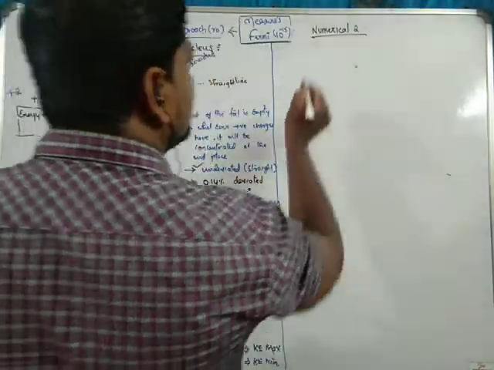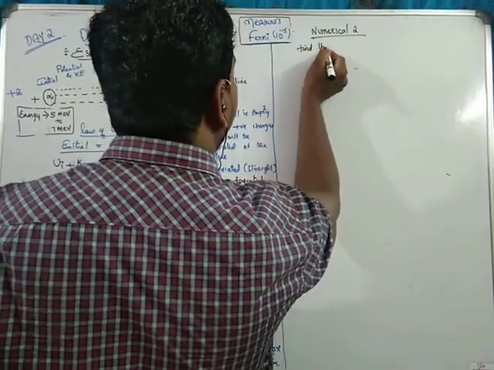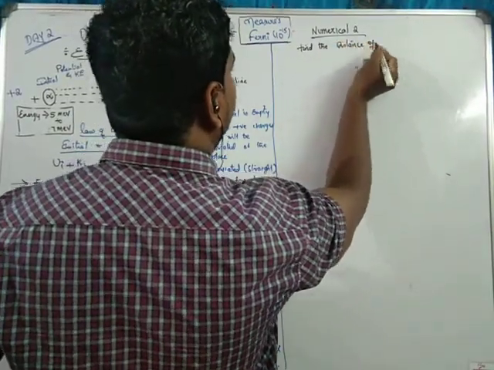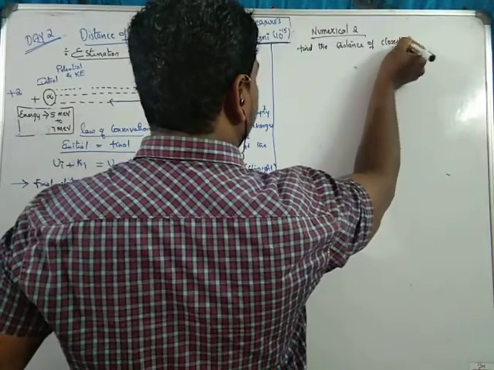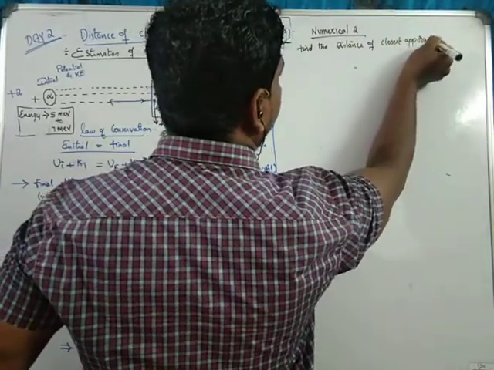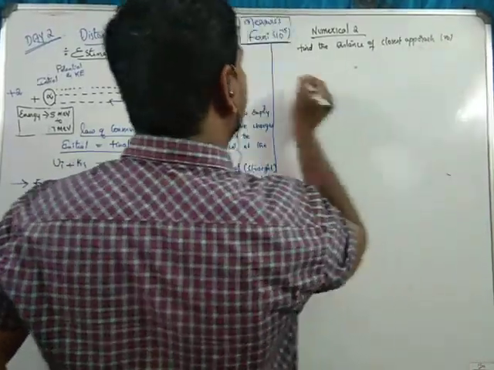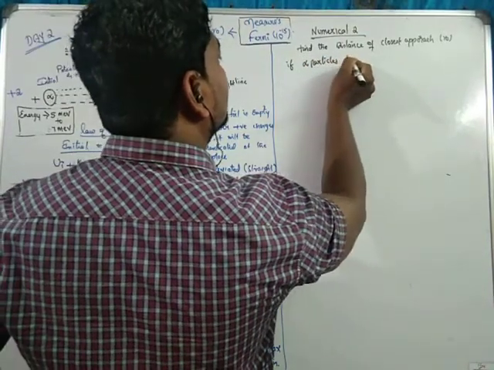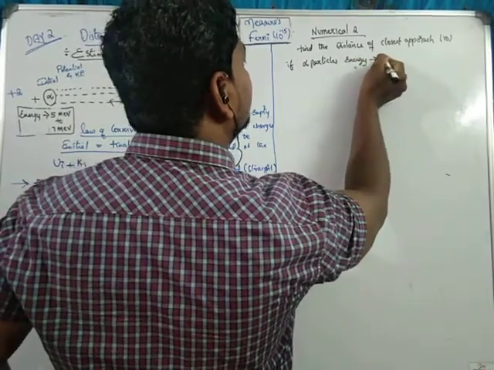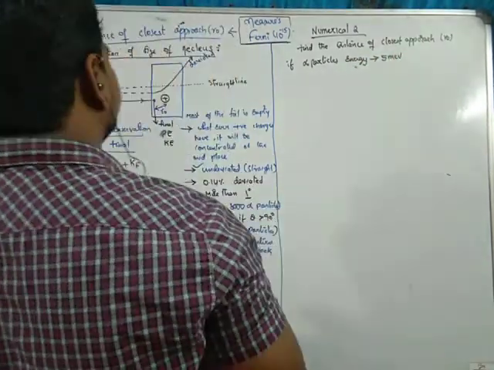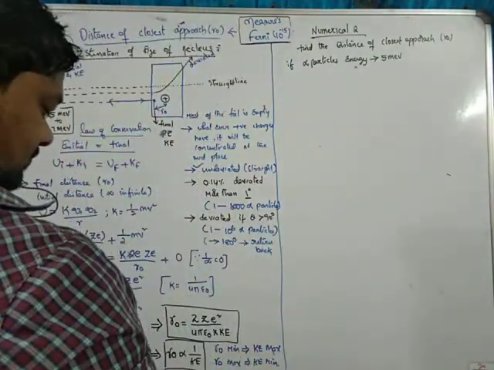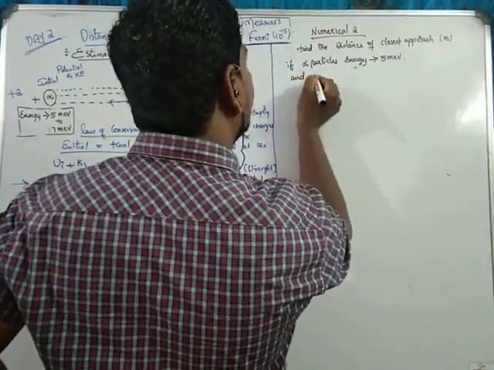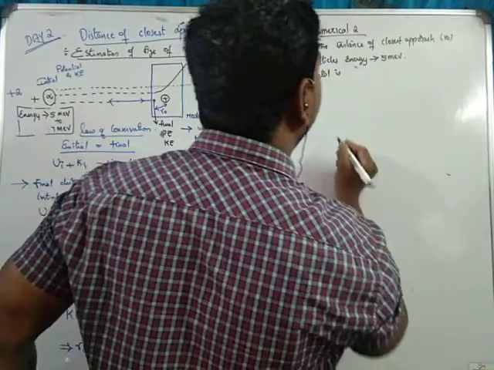In numerical 2 we have to find the distance of closest approach r naught if the alpha particle energy is 5 mega electron volt, and the metal is considered gold.